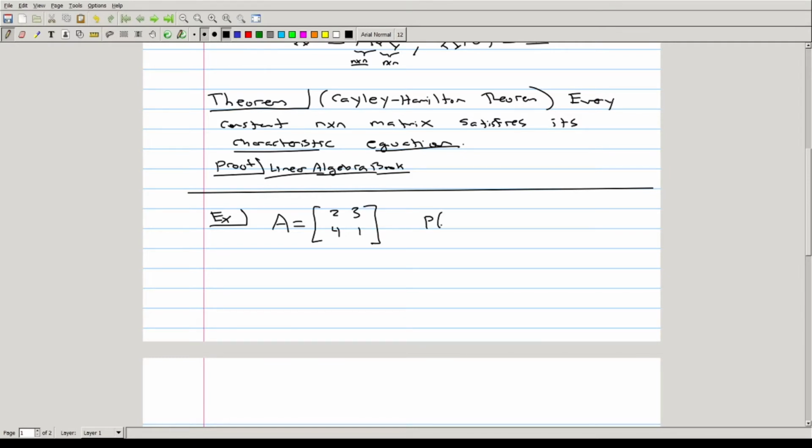The characteristic polynomial P of lambda for this matrix will be (2 minus lambda) times (1 minus lambda) minus 12, which is lambda squared minus 3 lambda minus 10.